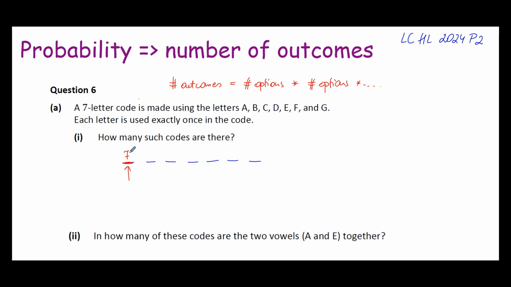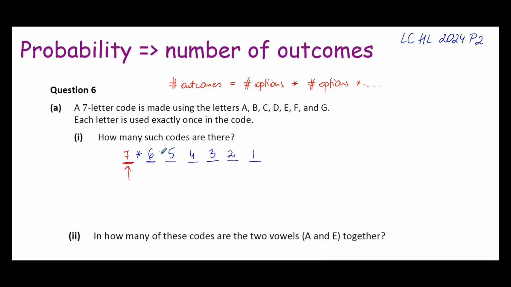Since I used one letter, on the second place my number of options is limited to 6. Then for the third place, I've used 2 letters out of 7, so I am left with 5. And then there is 4, 3, 2 and 1.